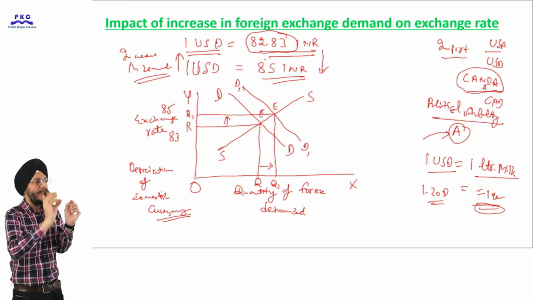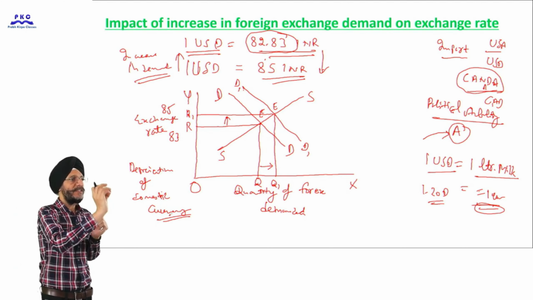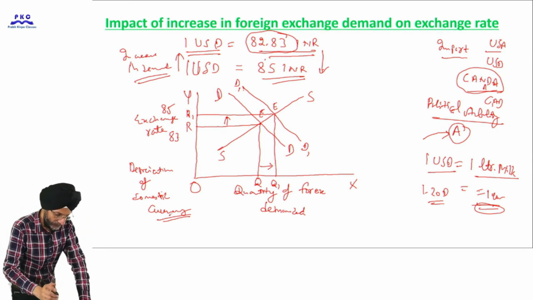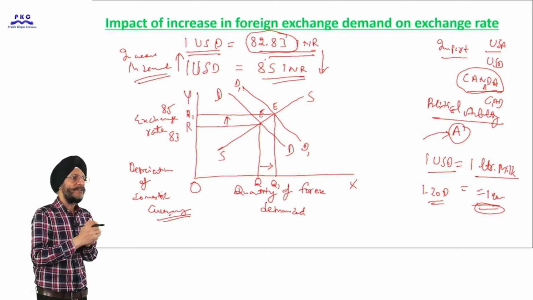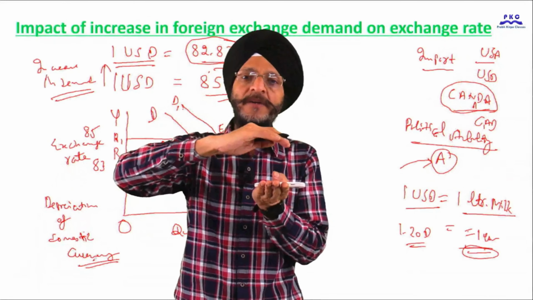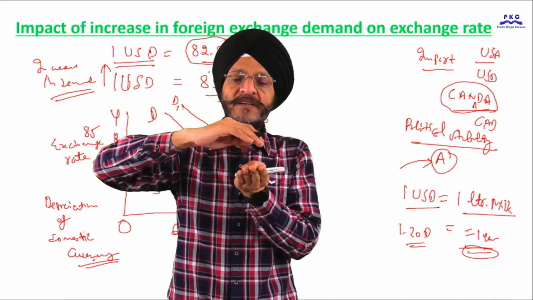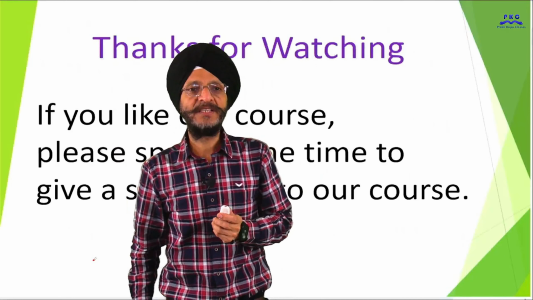On the other hand, the value of foreign currency has increased. There is appreciation of foreign currency. We hope this concept is quite clear to you, that as the demand of foreign currency increases, then exchange rate also increases.